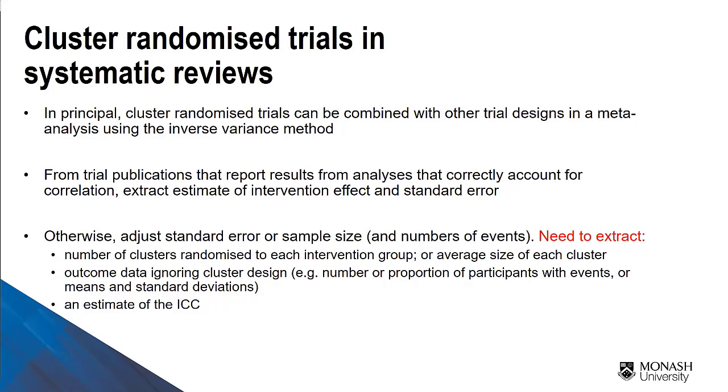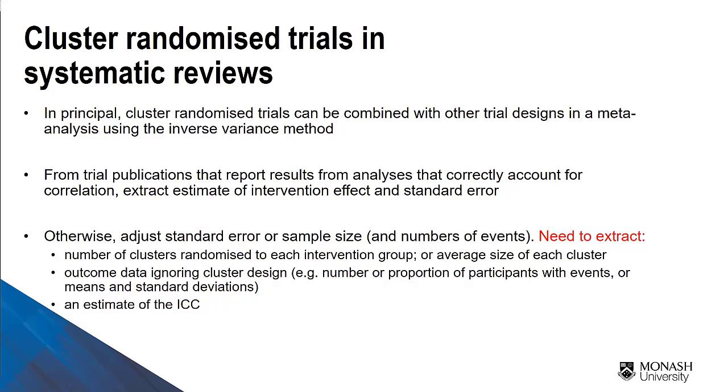for clustering, then we need to make some type of adjustment for that. And there are two ways we can go about doing that. We can adjust the standard error, or we can adjust the sample size and the number of events if we're using binary outcomes. The information that you would need to extract from the publications is the number of clusters randomised to each intervention group, and the average size of each cluster.